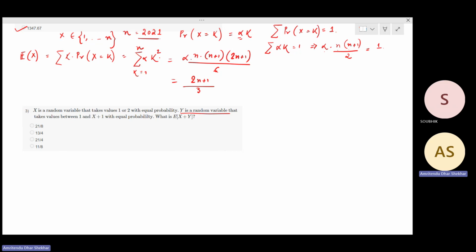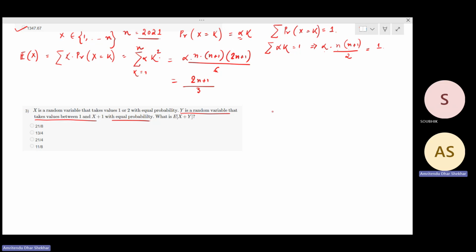So y is a random variable that takes values between 1 and x plus 1 with equal probability. But anyway, the way I think we have to read this problem is we have to assume that there is a conditional probability being given to us.